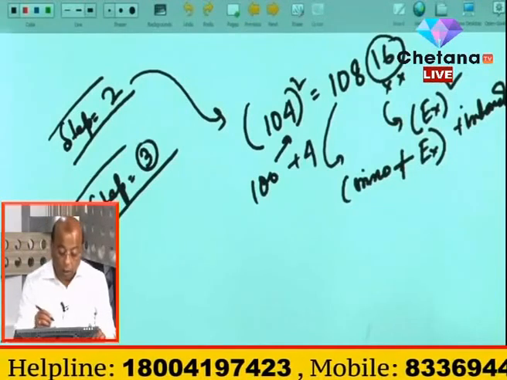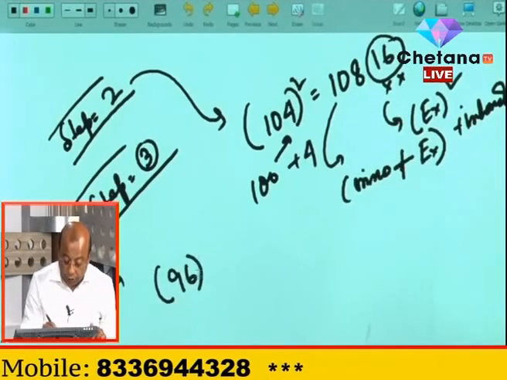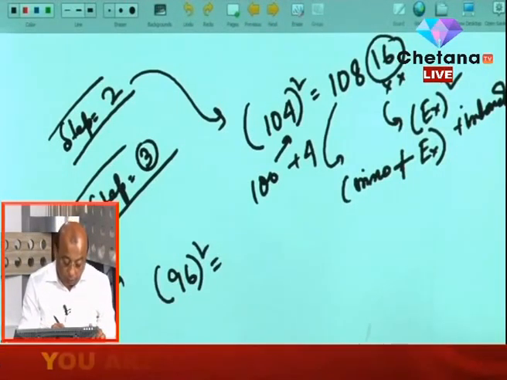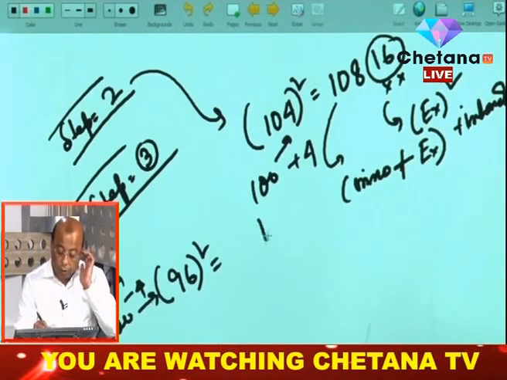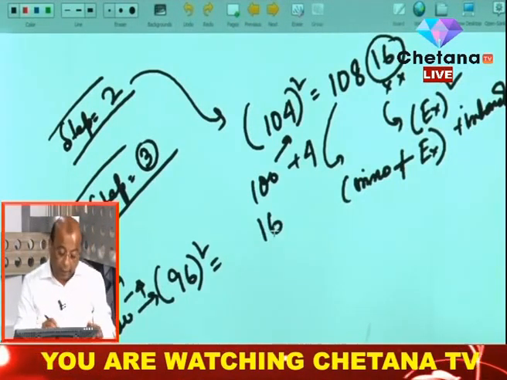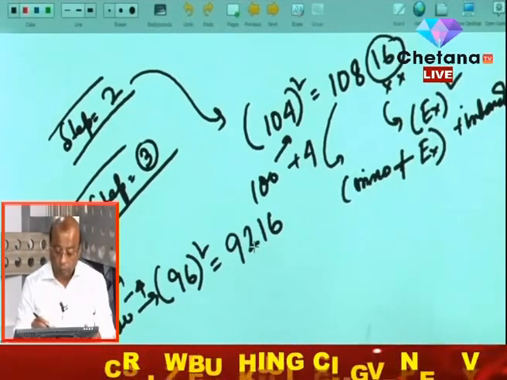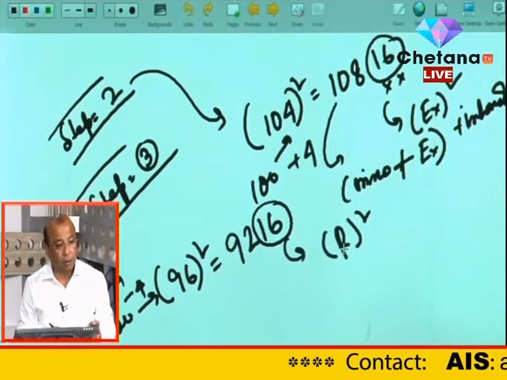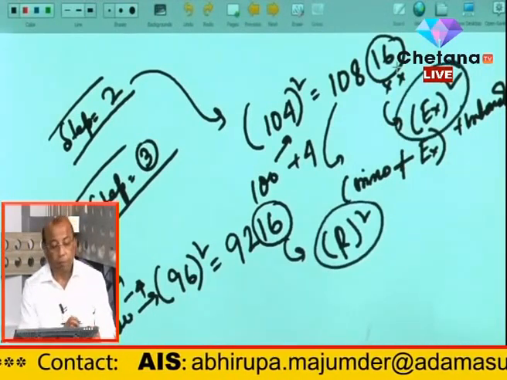Right? In case of step 3, 96 whole square, how much less? 100 minus 4. 4 whole square is 16, and 96 minus 4, that is 92. That means reduction whole square, less whole square. This part and this part are the same.